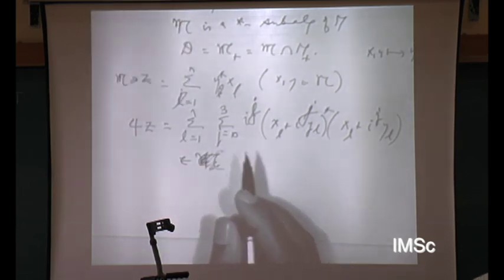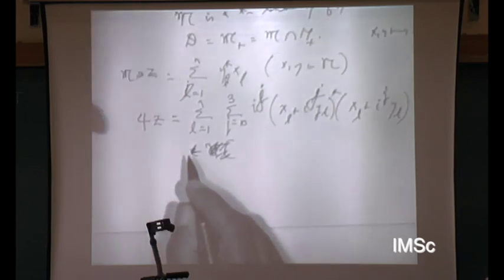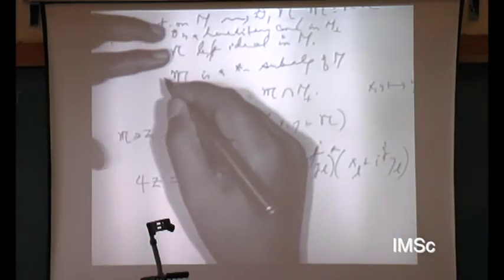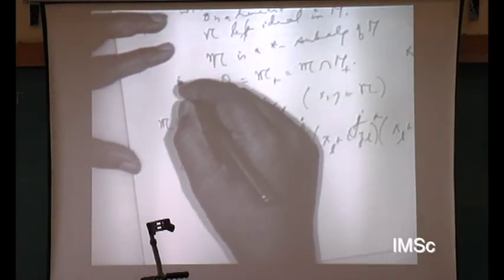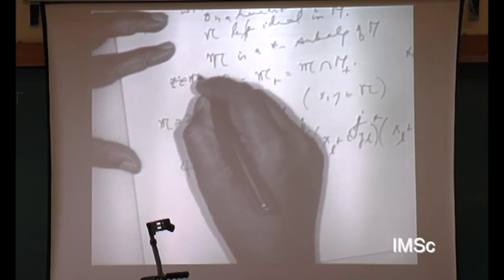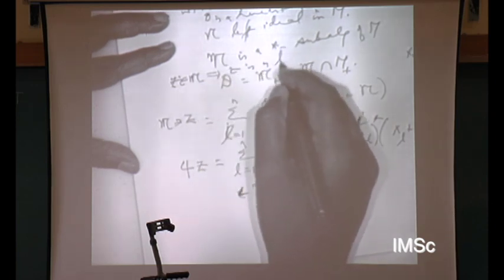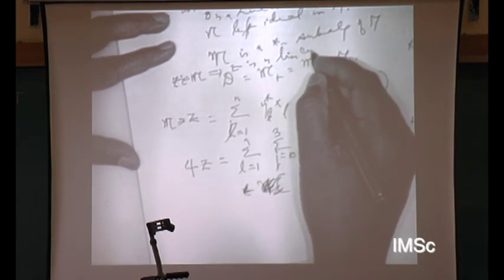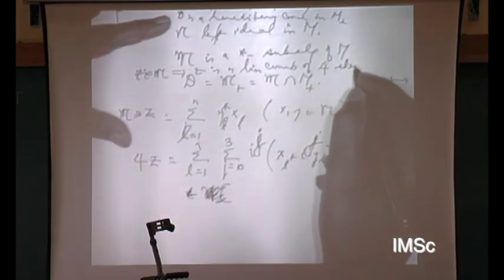I want to say that, so actually what I should have said was, over here, any element Z in M implies Z is a linear combination of 4 elements of D.